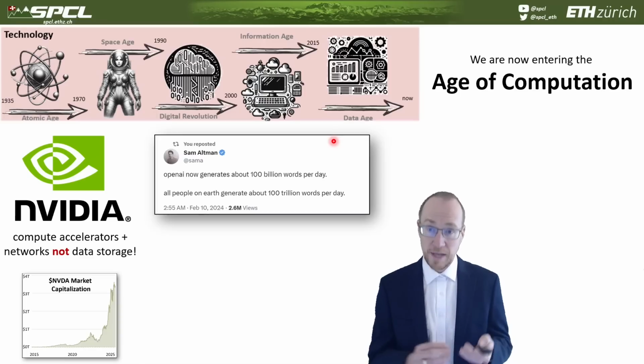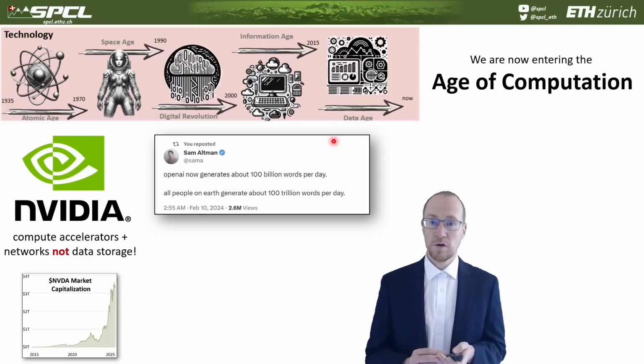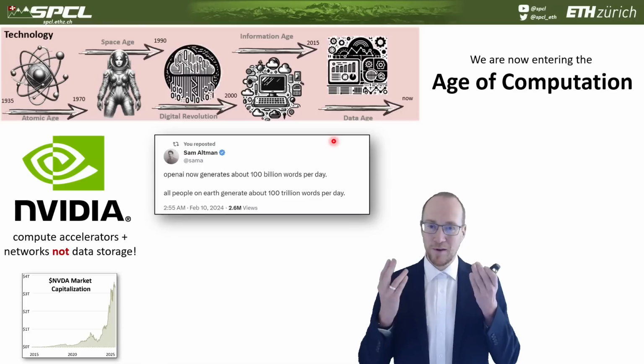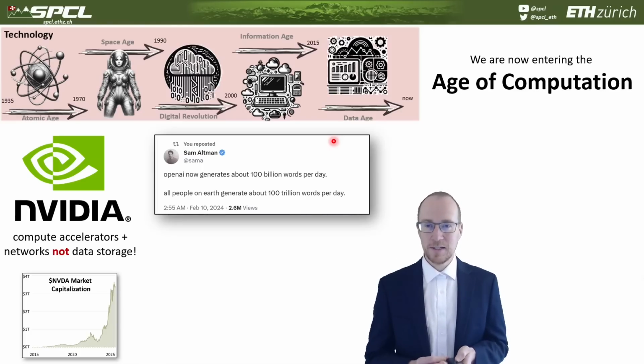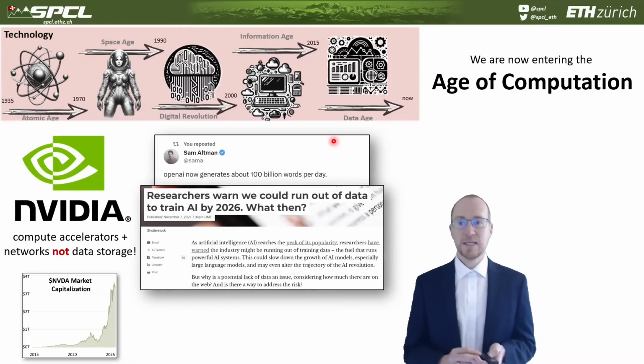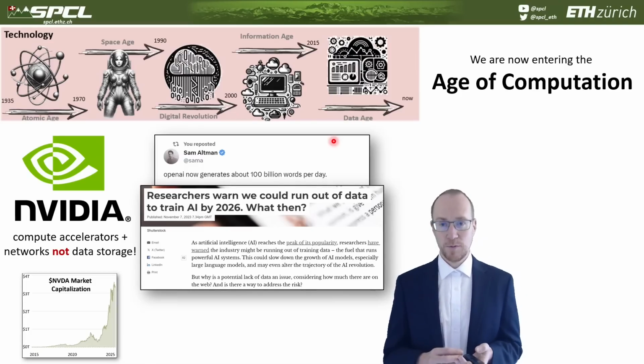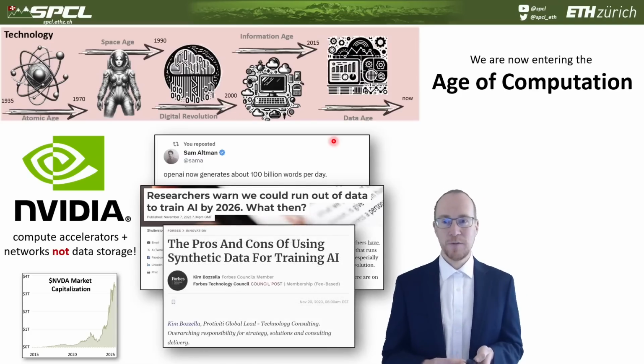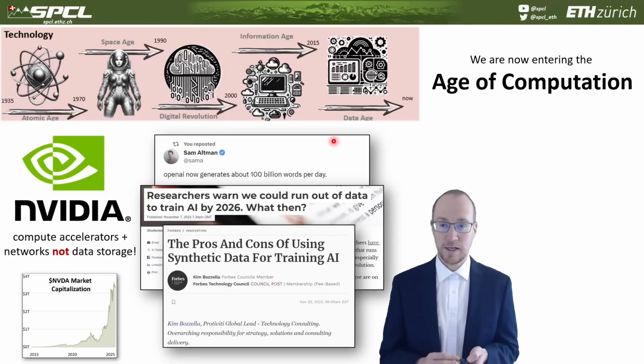So probably today, we already generate more words electronically with computation than we generate through our biological systems in our heads. So that is fascinating, which of course means that we'll be running out of data to train these models on, if we assume that we train these models only on human-generated data, only on biologically generated data. But now the nice thing is we can actually use synthetic data or electronically or computationally generated data for training these systems.